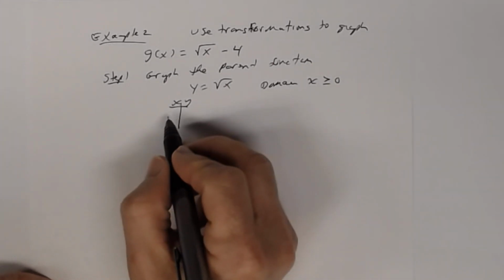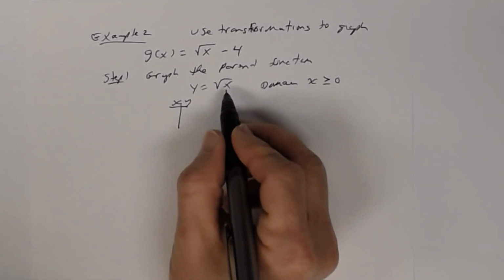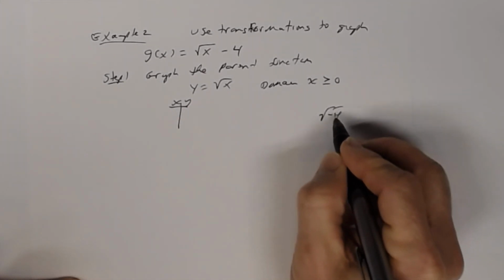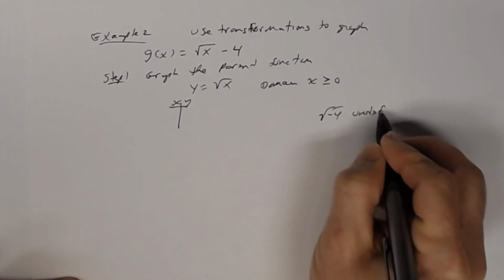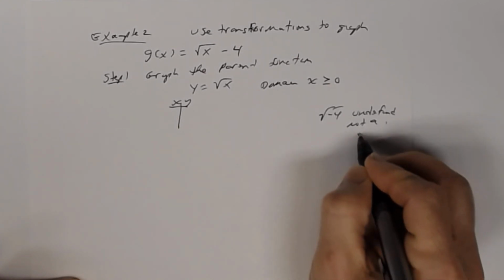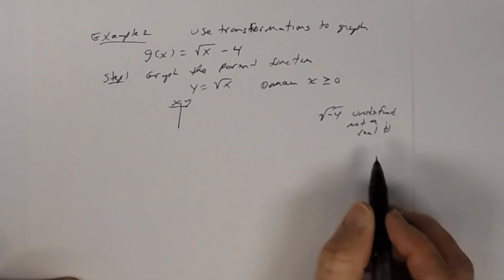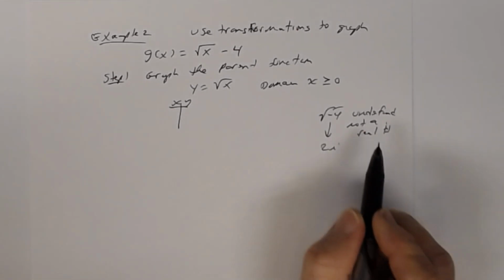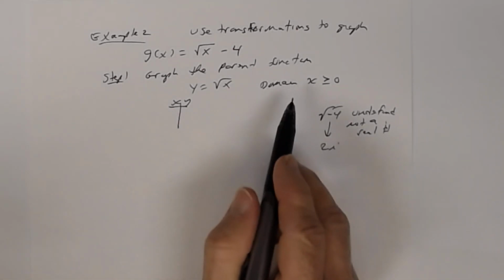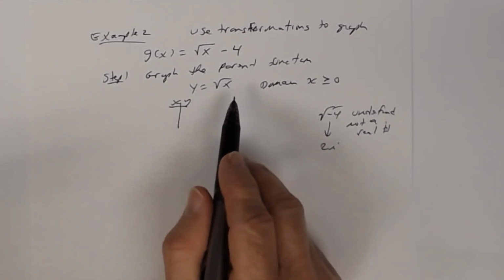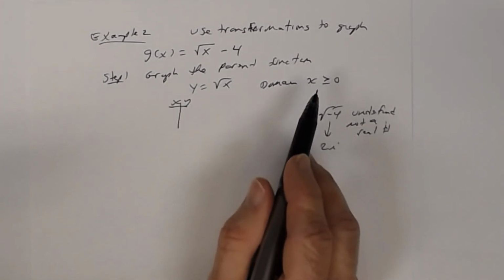You cannot use a negative number because the square root of negative 4, let's say, where x is negative, is undefined. That's not a real number. Remember you get that imaginary number, that 2i? So that's not a real number. So when you graph the parent function for the square root of x, you've got to use numbers that are greater than or equal to 0.